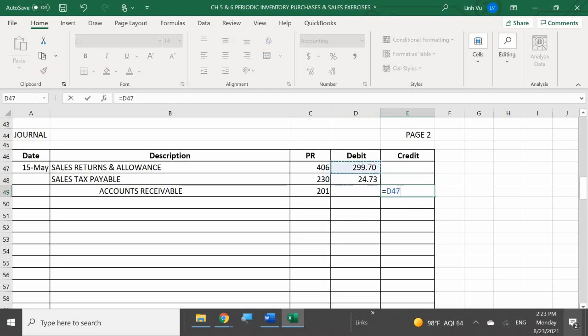Good. So in grand total, how much am I going to reduce the account? $324.43.